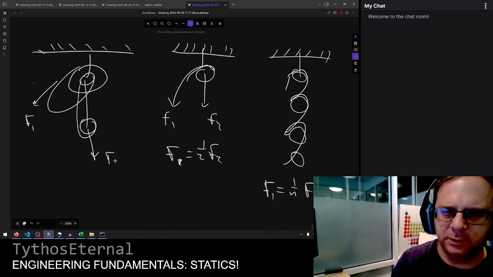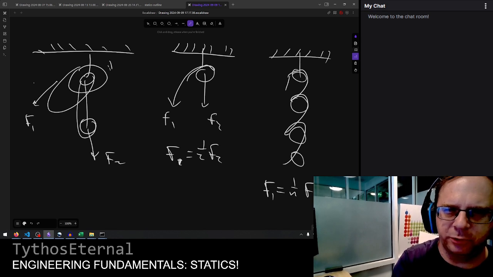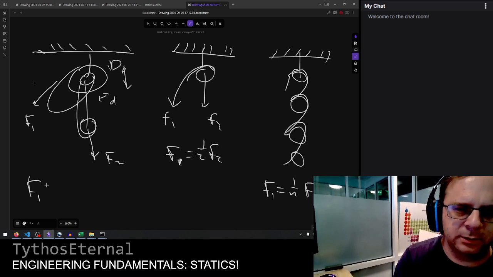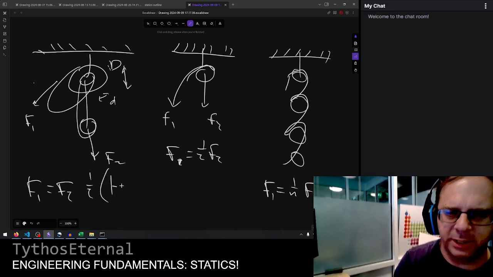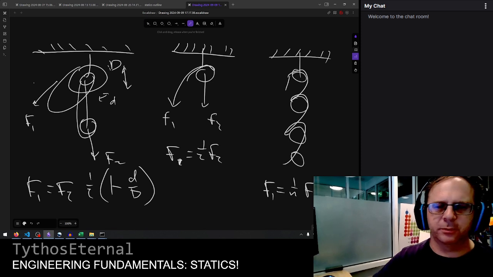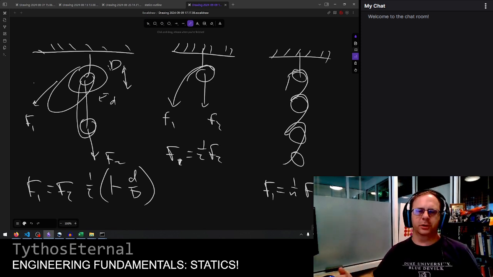F1, F2, if the outer diameter is D and the inner diameter is, let's say, lowercase d, you can actually use the ratio of the diameters as a means to amplify one force into, or transform one force into the other.